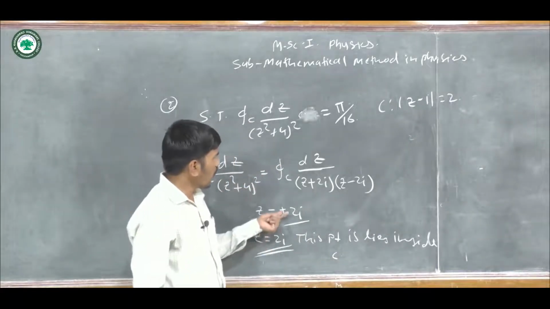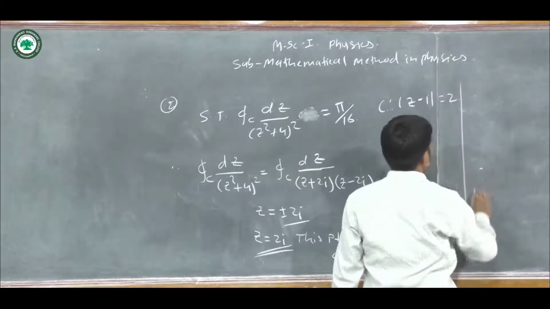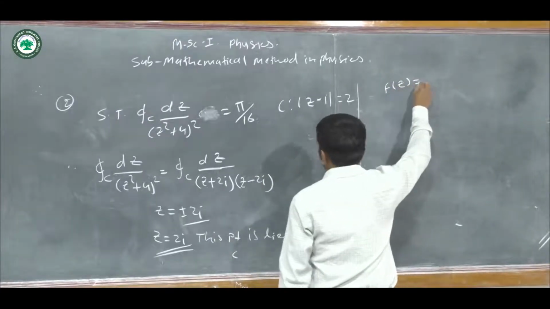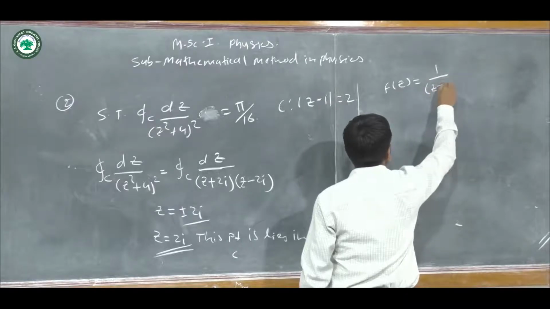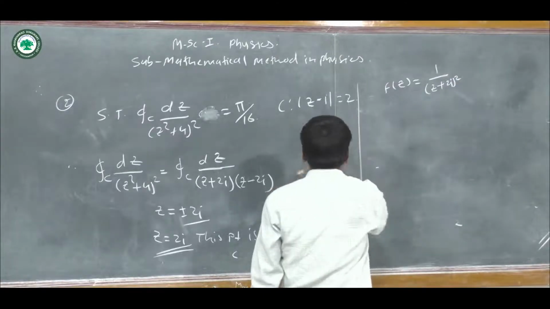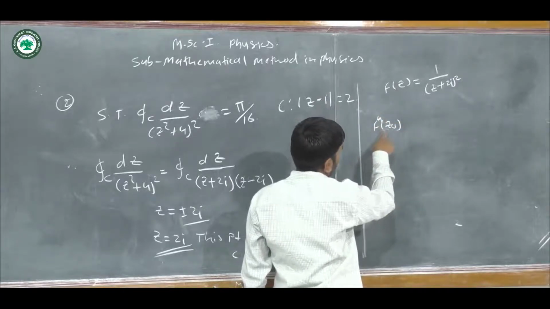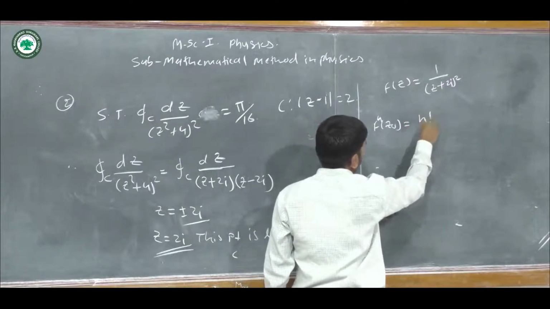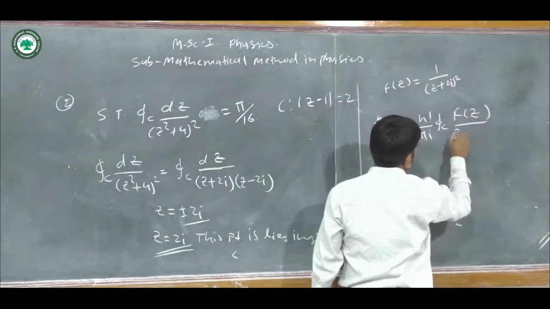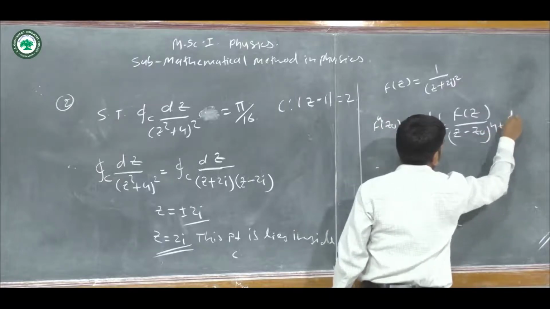So for the Cauchy integral formula for the nth derivative, here f of z is equal to 1 by (z plus 2i) whole squared. From the formula, f to the power n of z naught is equal to n factorial divided by 2 pi i, closed integral over C of f of z divided by (z minus z naught) to the power n plus 1, dz.